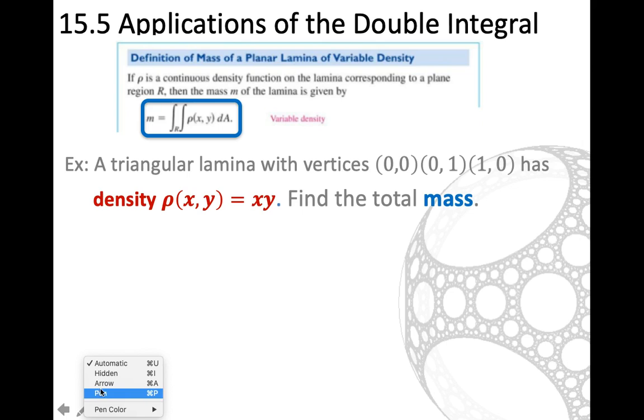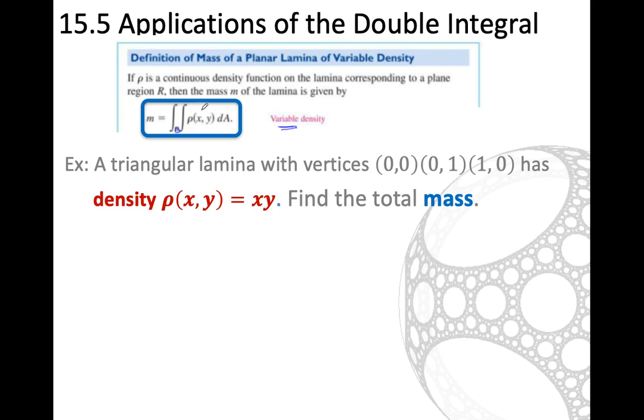So here is a formula that you need. We're going to have variable density through that lamina, and to sum all of those up, that Riemann sum, we're going to Leibniz it. I like to call this D for domain, but it doesn't really matter.